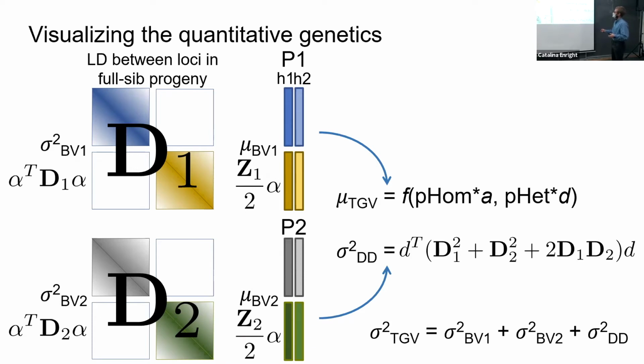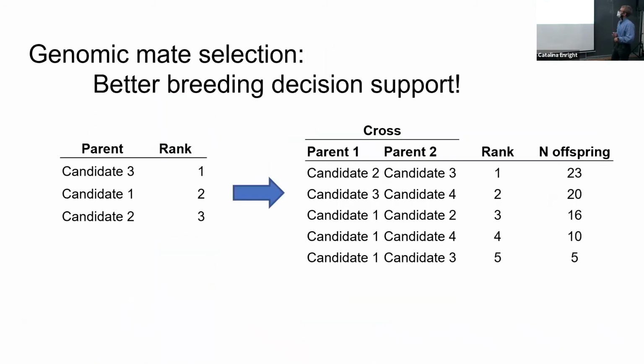You can get a variance for the dominance deviations with this somewhat more complicated formula that requires knowing both of the linkage disequilibrium covariance matrices. But in the end, you have a variance for the total genetic values. This is just still single locus. You have the sum of the variances from the 2 gametes and the variance that's due to the interaction of the gametes. All right, so what does this give you?